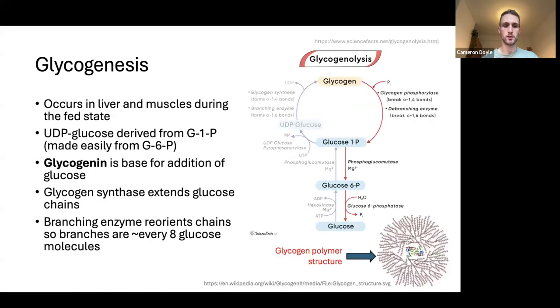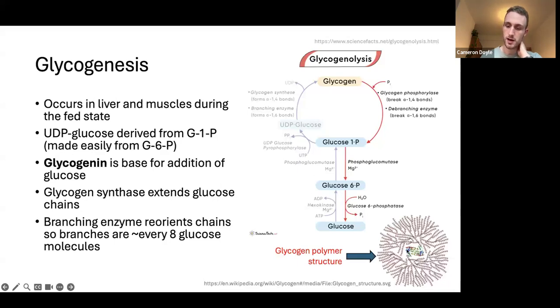So glycogenesis occurs in the fed state. When you've got lots of insulin and lots of glucose around, the liver cells and the muscle cells are going to be taking up that glucose in the bloodstream. And then it goes through this pathway written out here to form these glycogen branches.